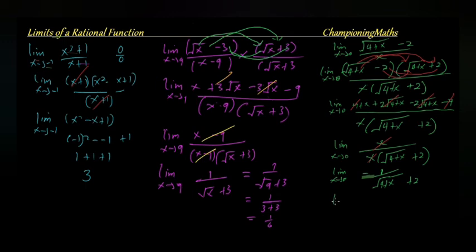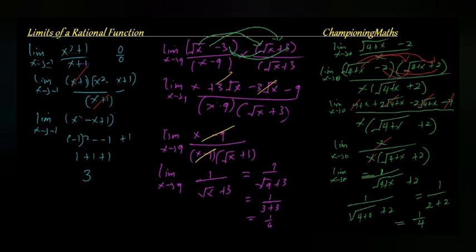We are running out of space, and so we plug in the value. It will be 1 over square root of 4 plus x, so that is 0, plus 2. So we're having 1 over 2 plus 2. Now our final answer will be 1 over 4.